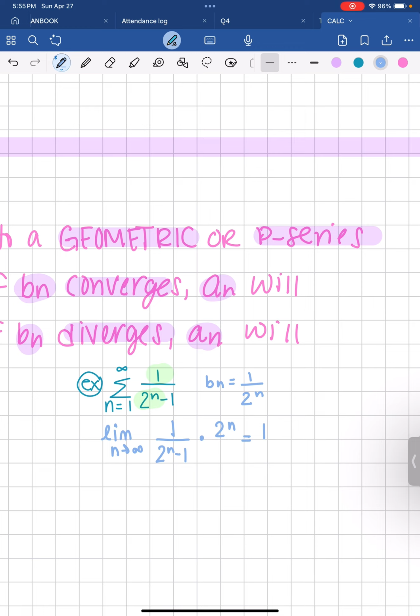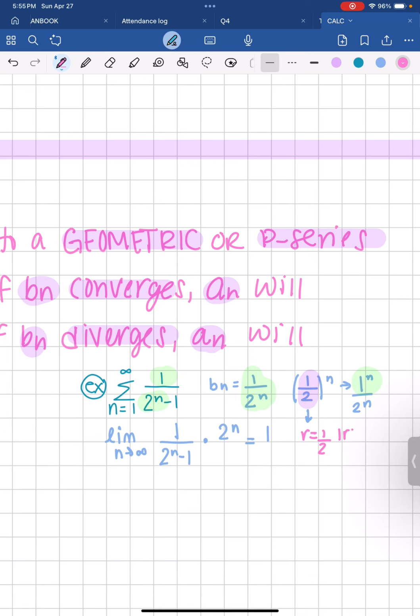Okay, great. So now we have to figure out what b sub n does. So b sub n is a geometric series because, guys, watch. I can turn this into 1 over 2 to the n because if you broke this down to be 1 to the n over 2 to the n, 1 to the n is always going to be 1. So I don't need to write that. So because it's a geometric series, we're going to look at r. r equals 1/2.